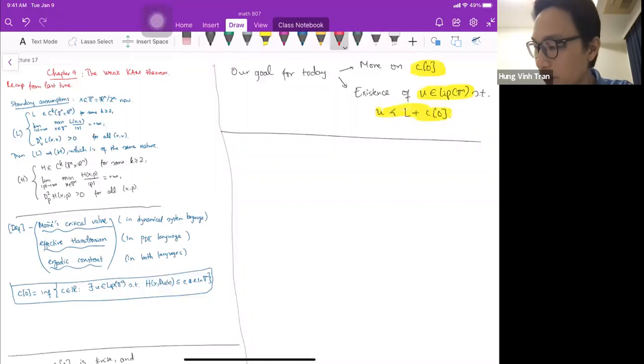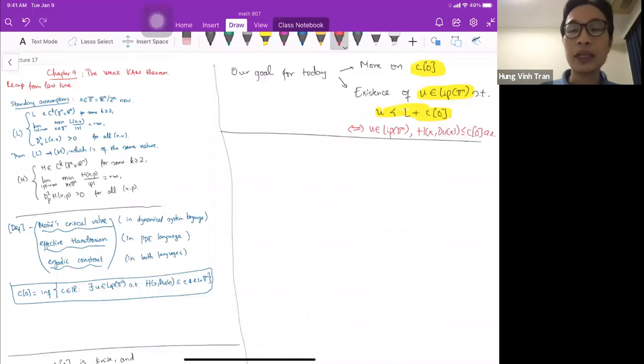Remember that we already proved last time that this is equivalent to U being Lipschitz, and we have H of x, the Ux is less than or equal to C naught almost everywhere. Okay, so that's going to be our goal.